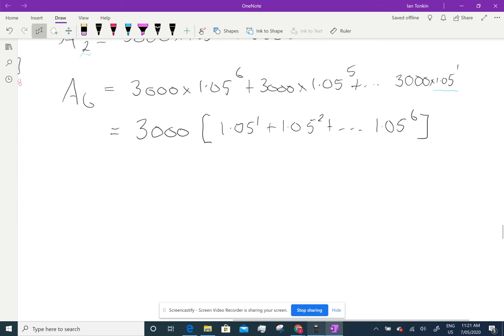So what have I got now? Here is a series where A equals 1.05, R equals 1.05, and N equals 6.